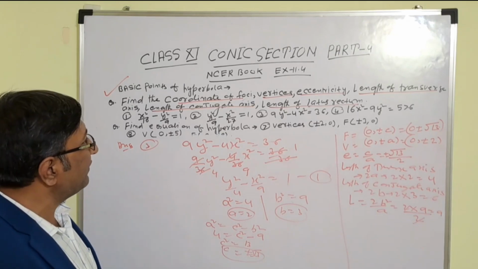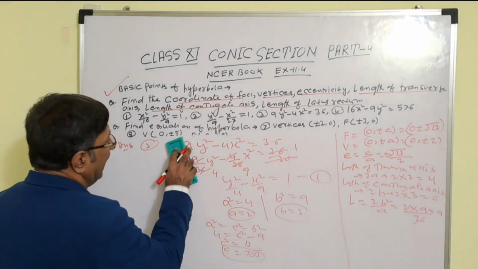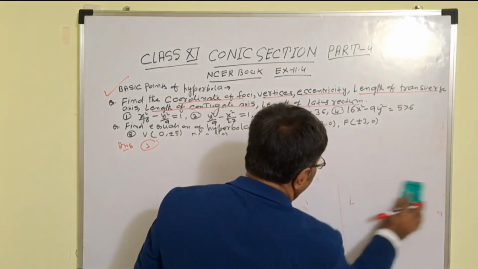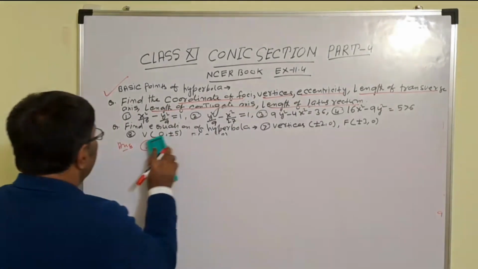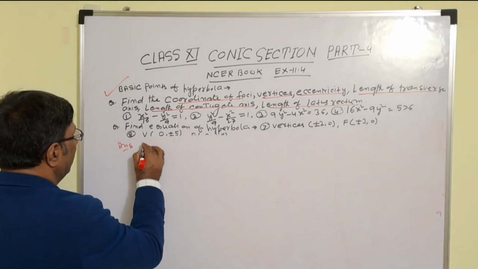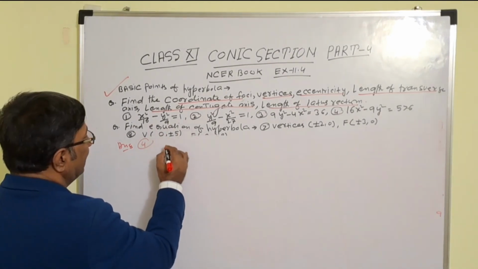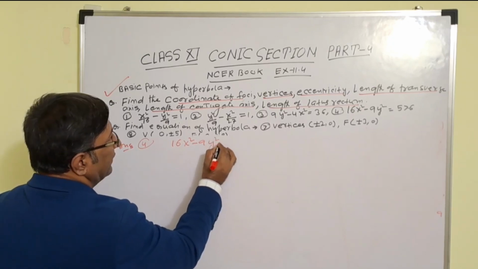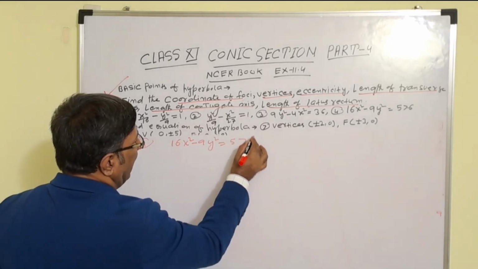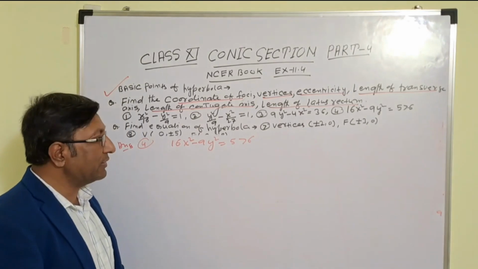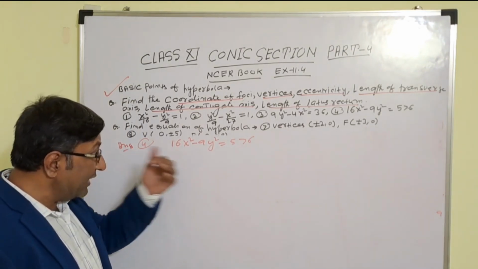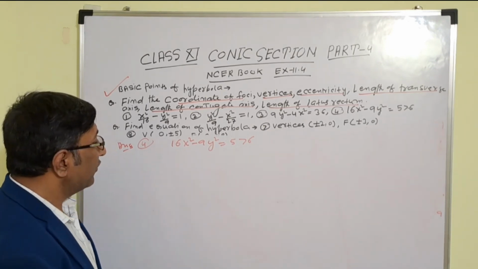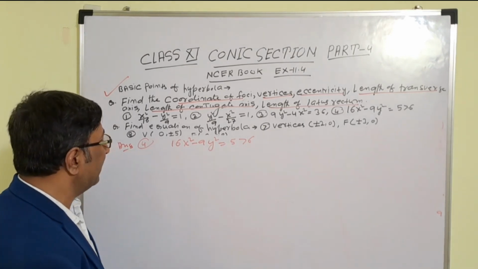Now see the same type of question, question number 4, but the axis is different. The equation is given: 16x square minus 9y square equal to 576. Change this given equation into the standard form of the hyperbola. So divide both sides by 576.